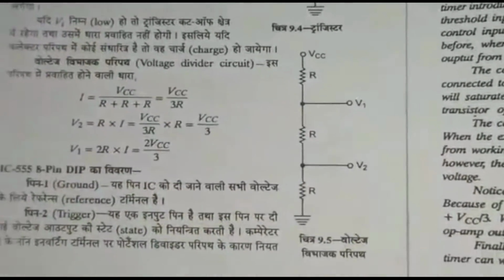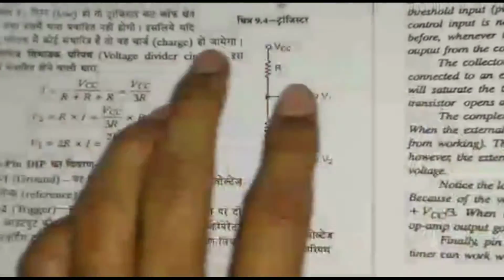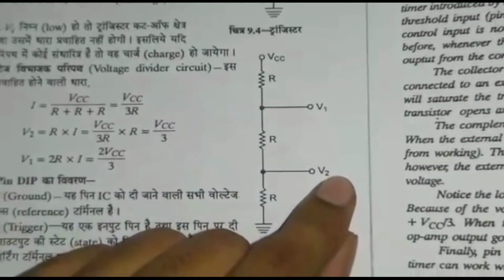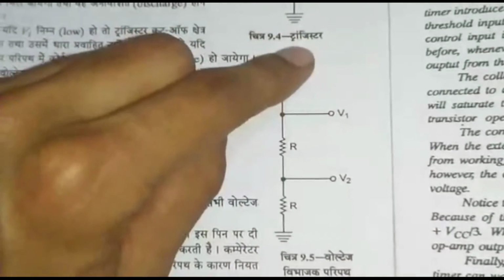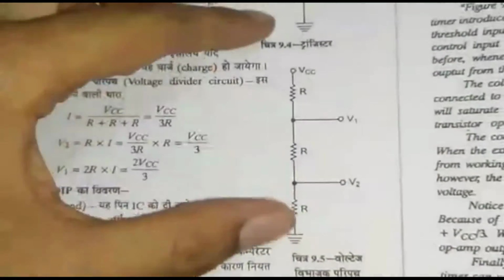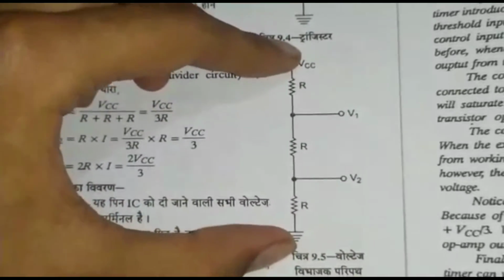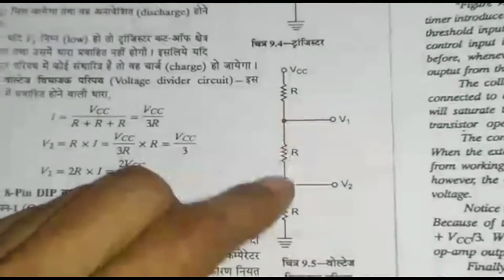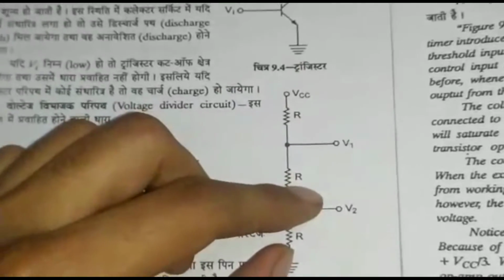Now let us see the voltage divider rule. Voltage divider rule is simply this. If we have to find V2, then what will happen? We will multiply VCC into R. Why? Because VCC is the total voltage from ground to VCC, and R is the resistance which is between the ground and the voltage which is to be measured.